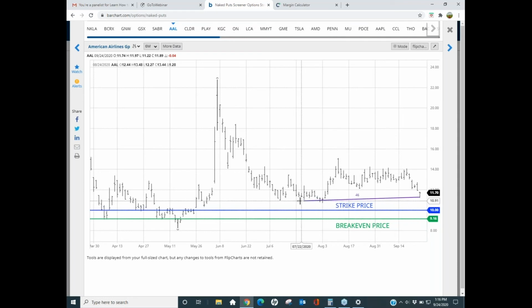If I go back about 60 days, you can see that we are staying inside of that sideways range that we talked about. In fact, if I go all the way back to where the structure of my strike price is, that is 87 days ago. So it took a long time for American Airlines to go up, and now it's coming back. Again, in terms of length of time for my strike, this would work.